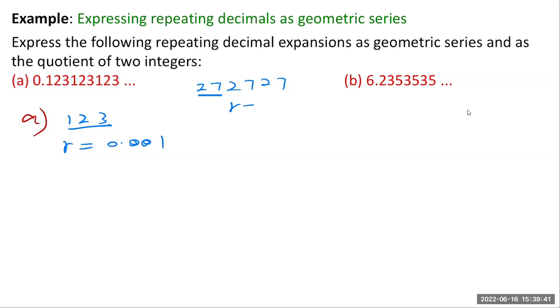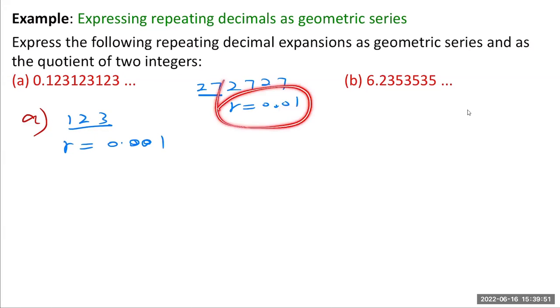In that case, your R is going to be 0.01. After the decimal place, you should have 2 numbers, that is 0, 1. Okay, that's how you identify R corresponding to a given repeating decimal. Okay, in this case, we have R is equal to 0.001.